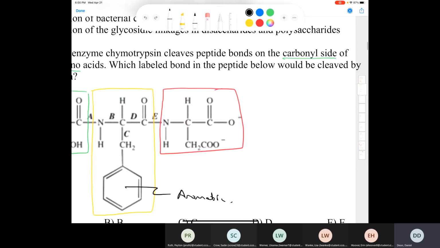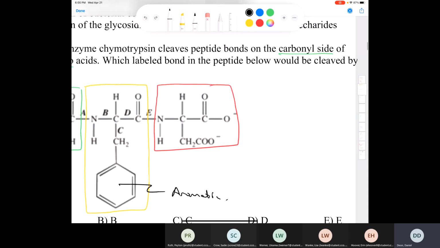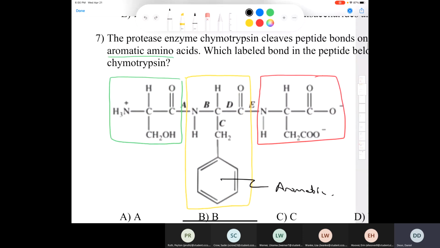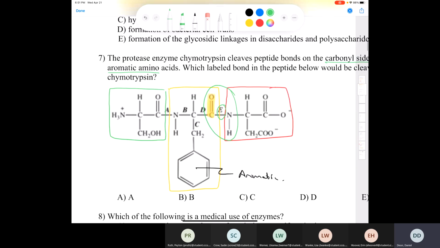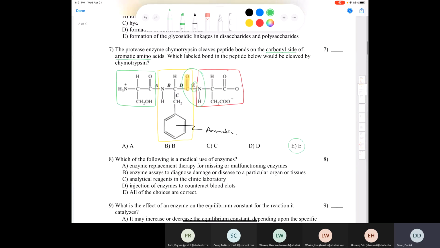It says it cleaves the peptide bond on the carbonyl side of the aromatic amino acid. Here's the carbonyl on the aromatic amino acid, and here's the peptide bond, right? This here is a peptide bond between the carbonyl and the nitrogen. So the bond that would be broken would be E. That is the bond in question, okay?